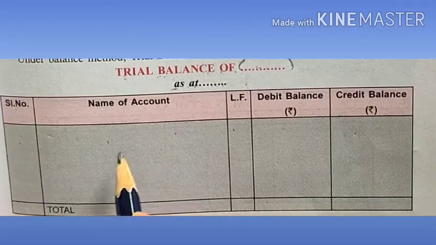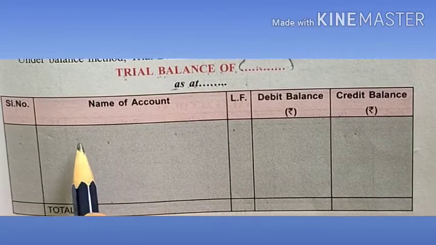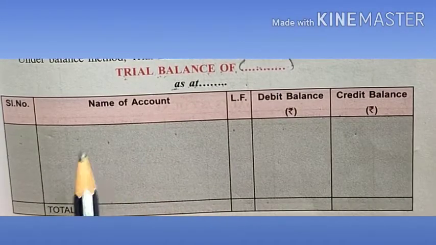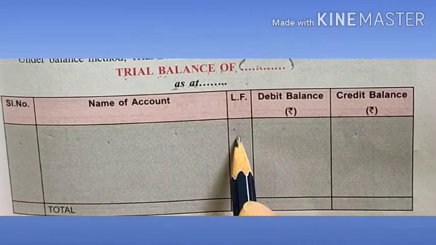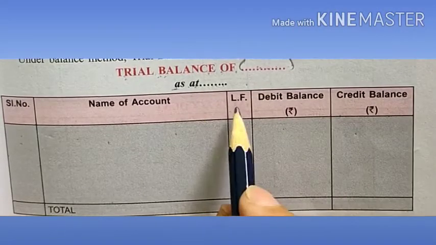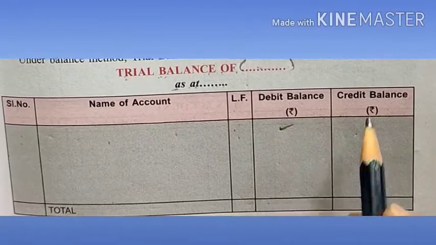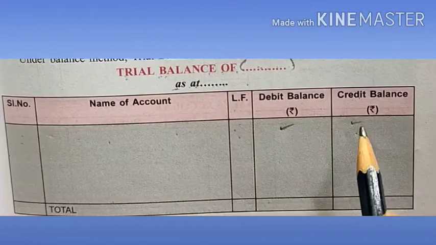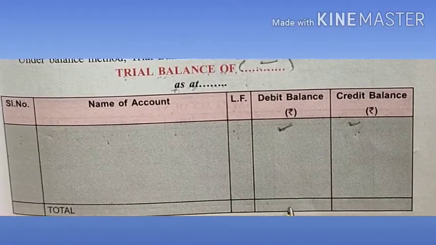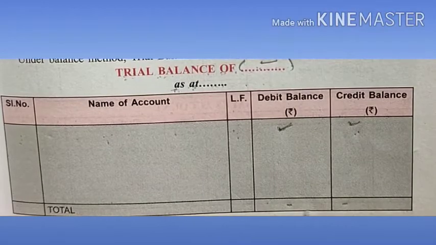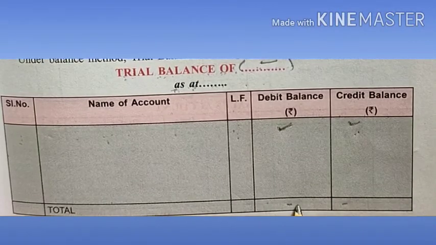Here we write down the names of accounts like wages account, cash account, then the ledger folio number, because these balances are taken from the ledger book. Then the debit balance in the debit column and the credit balance in the credit column. At the end we take the total, and the totals of both the columns should be the same.